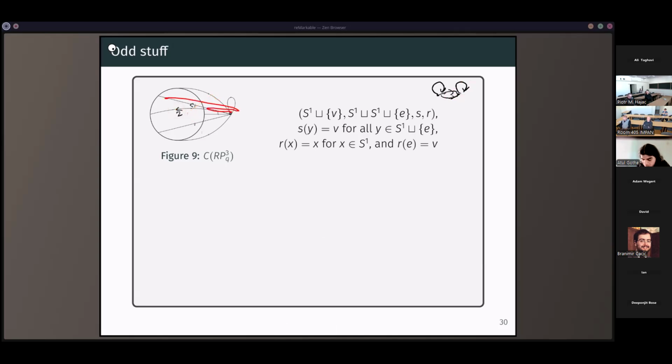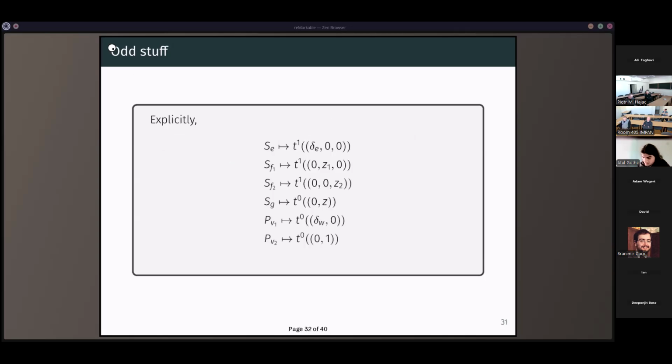From this vertex to each point, there are 2 edges, one corresponding to this circle, one corresponding to this circle. Of course, both of them start at the same place, and they end at the same place. We replace this by a circle, this by a circle, and this loop by a circle. This is in fact an isomorphism, which is explicitly given here, where an edge or the final loop is going to a vertex projection.